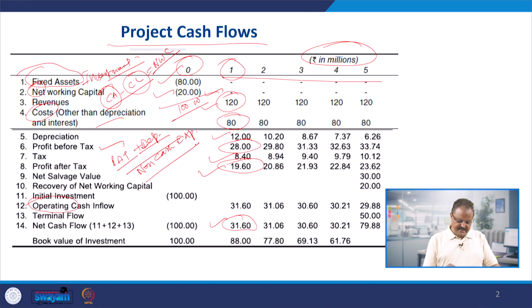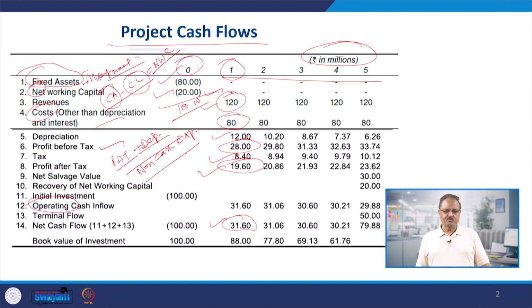The cash is not moving out on account of depreciation. It's only a book entry, because we have already paid this cash while we acquired the fixed asset. This is basically a recovery process of the investment made in the fixed assets, and this depreciation money can be used later on for the replacement of the asset.